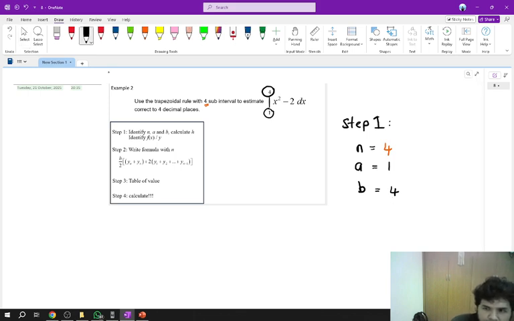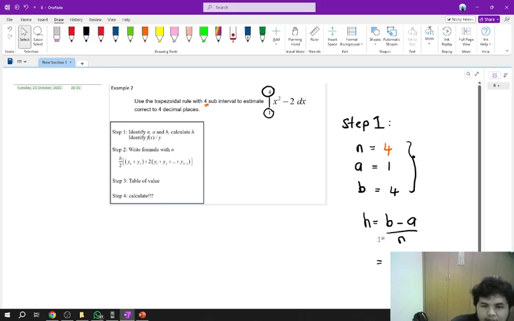Next, from these 3 values we can calculate h. From the last class we know the formula h equals b minus a divided by n. So now we just replace all the values: 4 minus 1 divided by 4, which gives us 3 over 4.